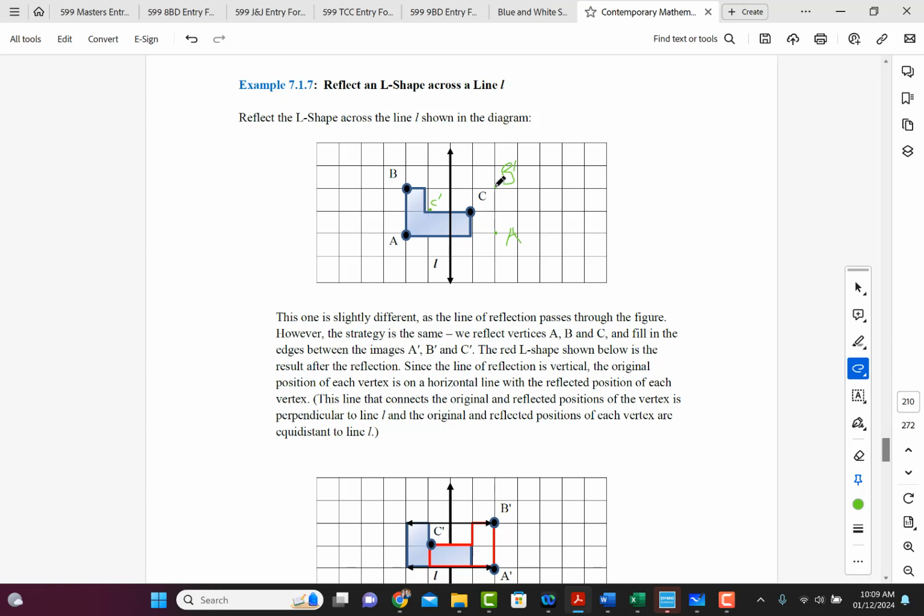We get something that looks like this. Right? Something that looks like that.